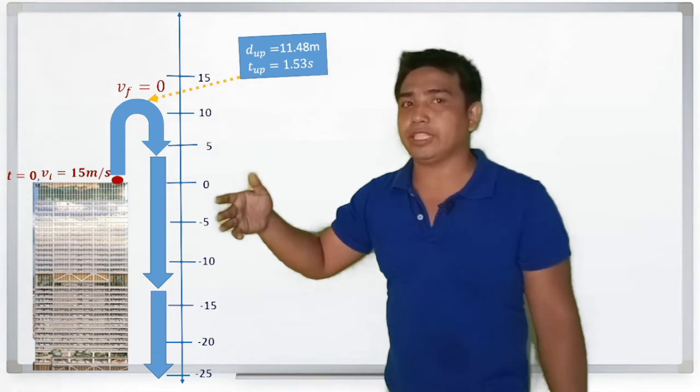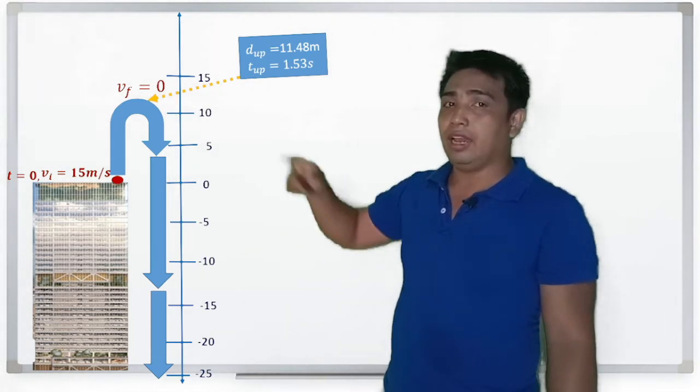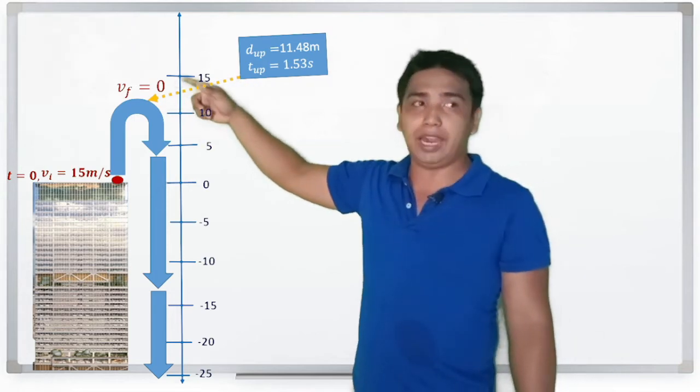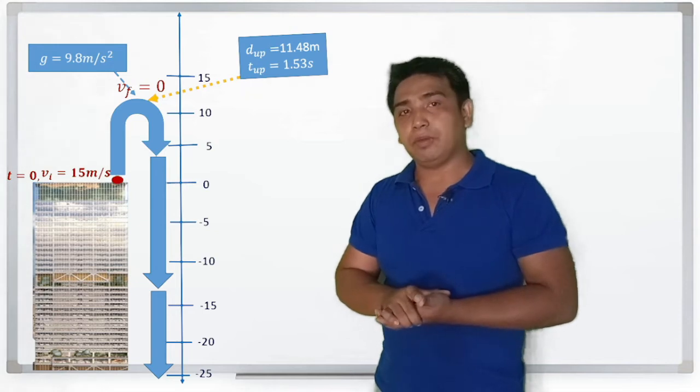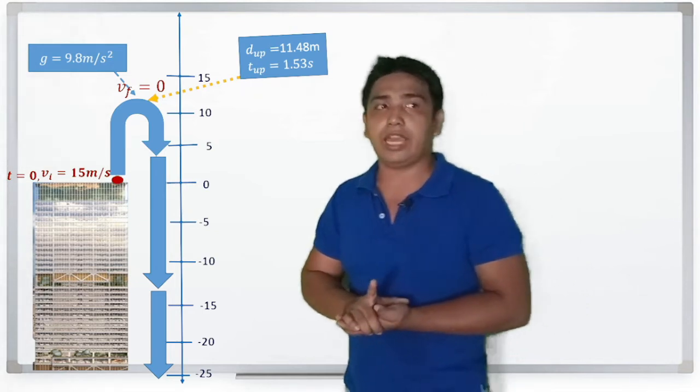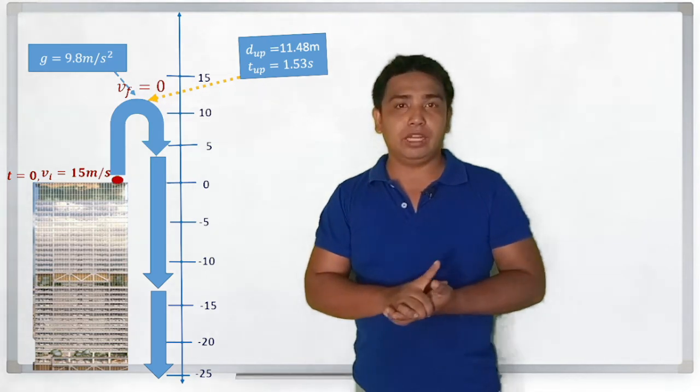You are also asked to look for the acceleration of the ball when the ball is at its maximum height, and you were able to find it, and that's going to be 9.8 meters per second squared. So why is it positive up to that point in time?